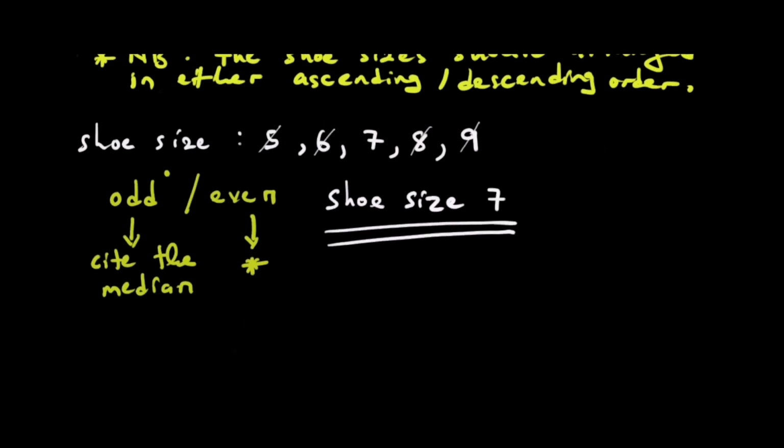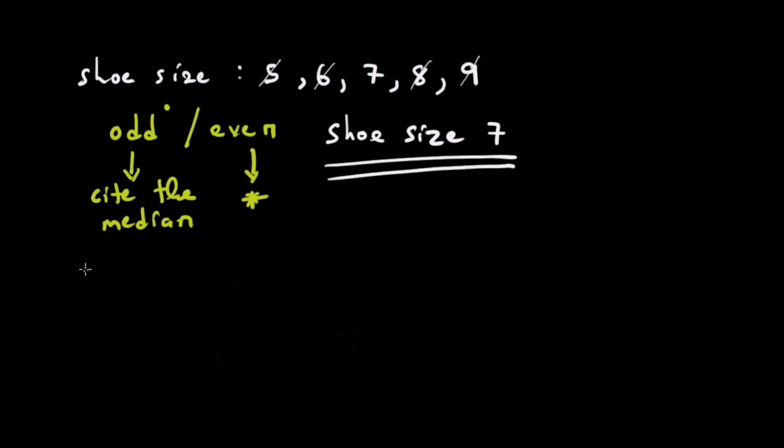So let us say here the elements we have are 2, 3, maybe 7, 9. And so they are arranged in an ascending order.